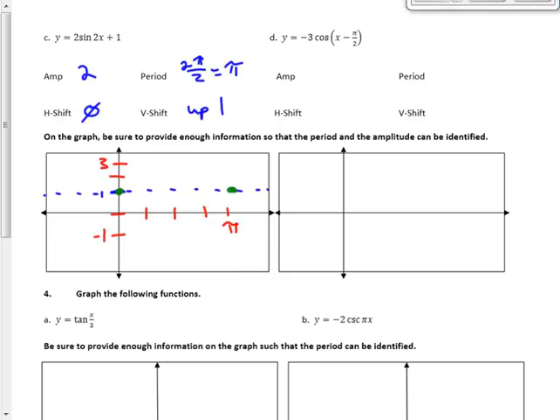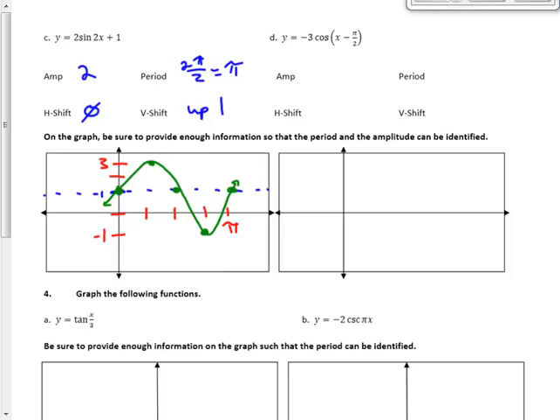Goes up to the top of its amplitude, comes back down to the axis, goes down to the bottom of its amplitude. That's not the bottom. Here's the bottom. And then goes back up again. And so there's the sine graph with some vertical shift and a little bit bigger amplitude than we had before.